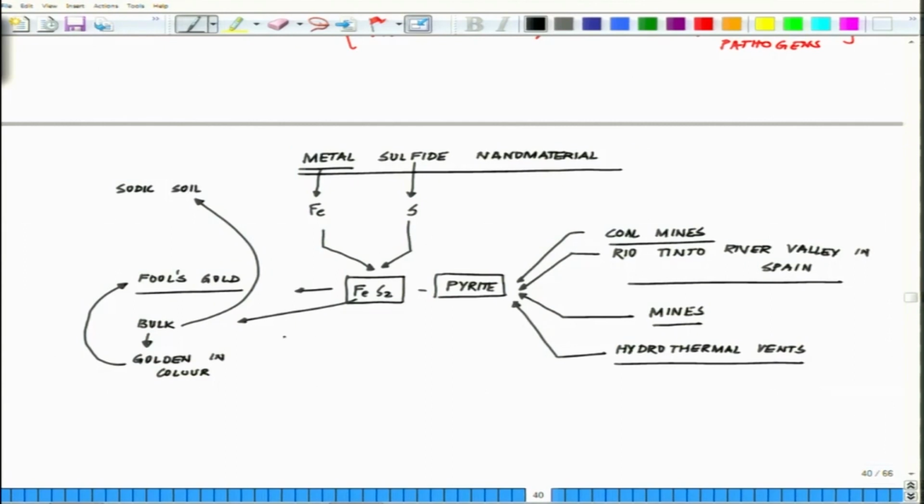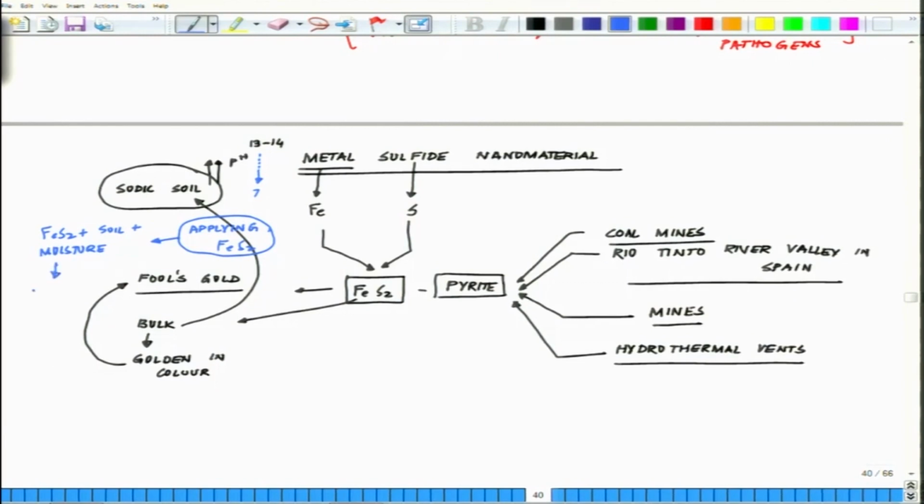Say, for example, a soil which is sodic or has a pretty high pH, like 13 or 14, you can bring down the pH to 7, which is a physiological pH, by applying FeS2 or pyrite, because once FeS2 gets into the soil in the presence of moisture, it generates sufficient amount of protons which brings the pH down. Okay.